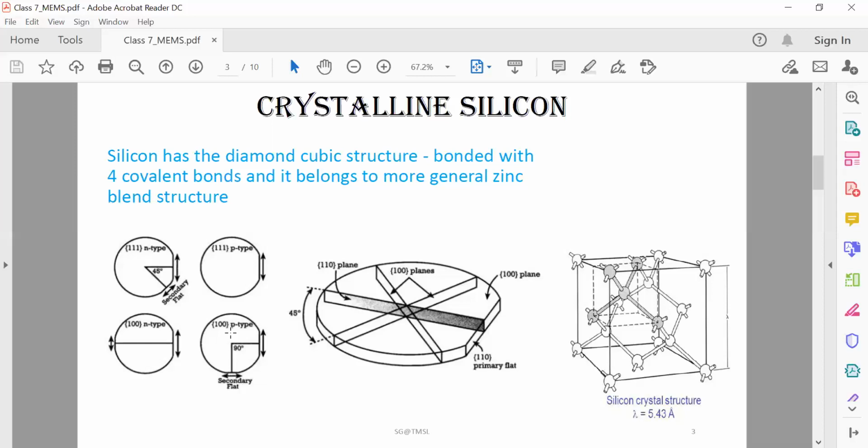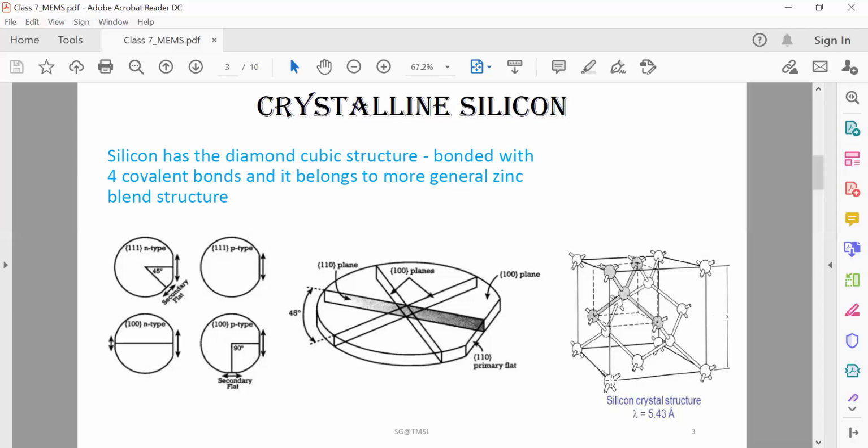So this is the crystal structure of single crystal silicon, and you can see the bonds. It belongs to the more general zinc blende structure.